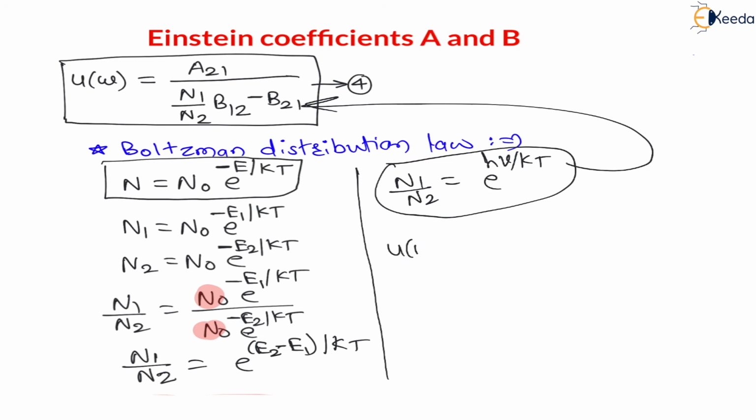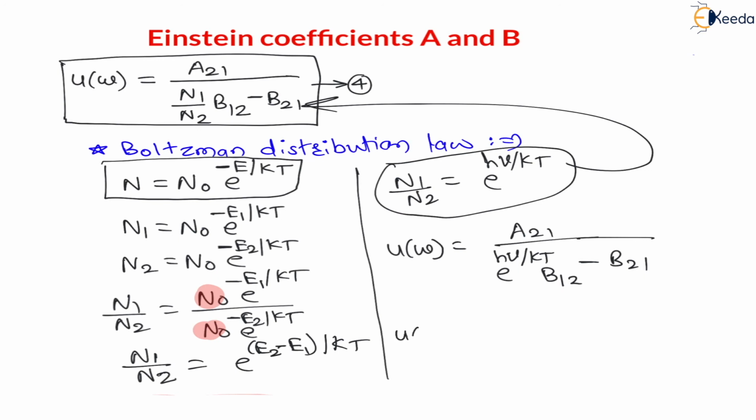Therefore, this u omega, that is energy density, is equal to A21 divided by N1 by N2, that is e power h nu divided by kT, into B12 minus B21, in the denominator only. This is how we will get one more equation. Now from the denominator, let us consider B12 common.